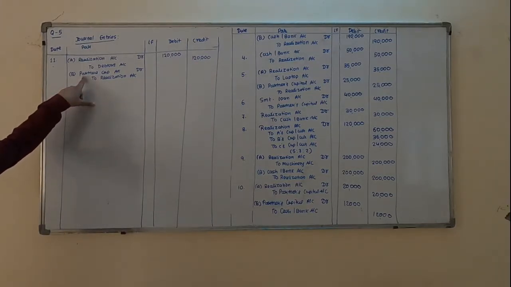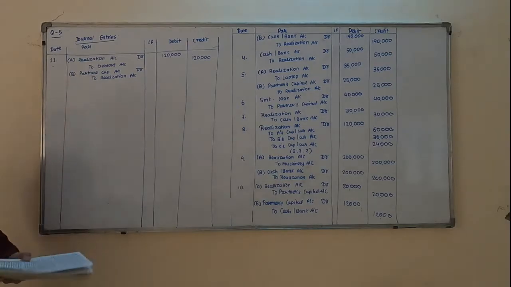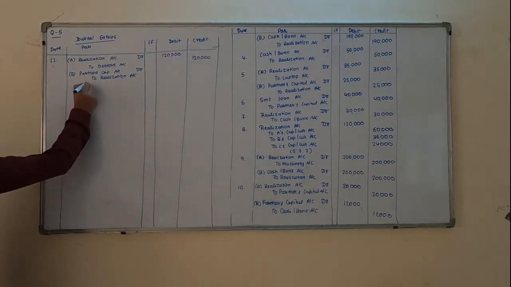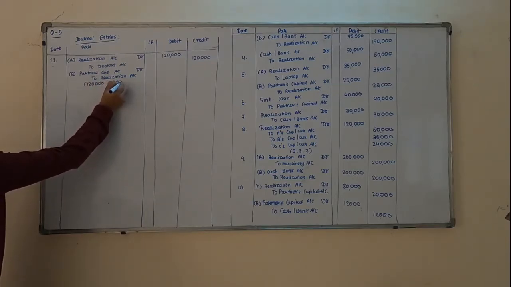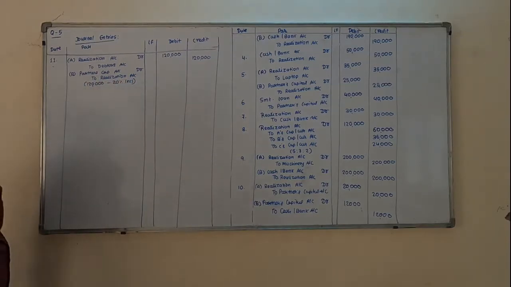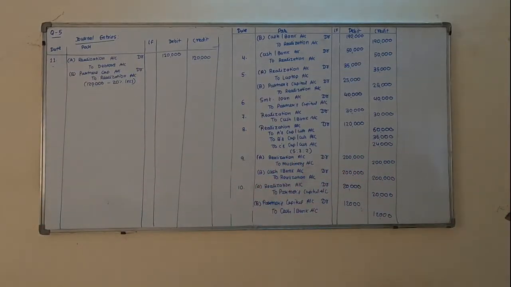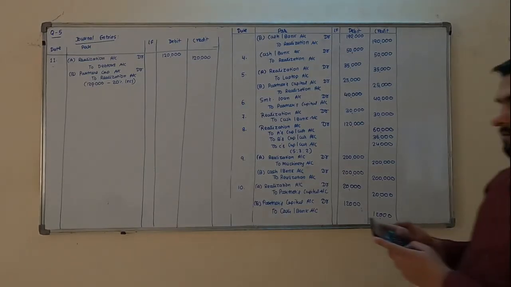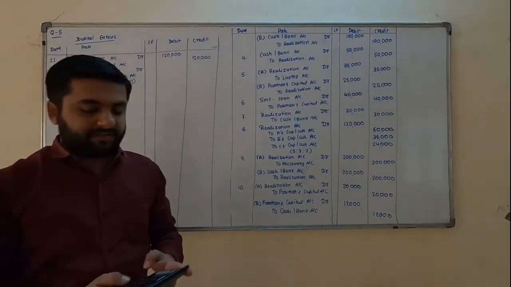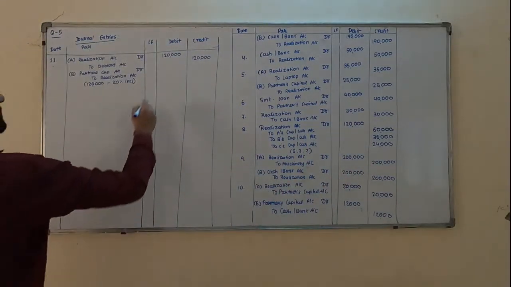If an asset is sold, then cash bank will be debited, and it is 20% less. So 1,20,000 minus 20% is 96,000.